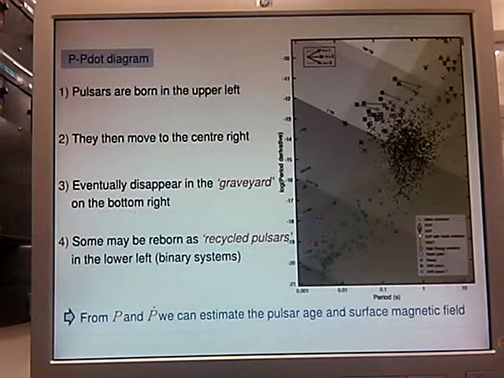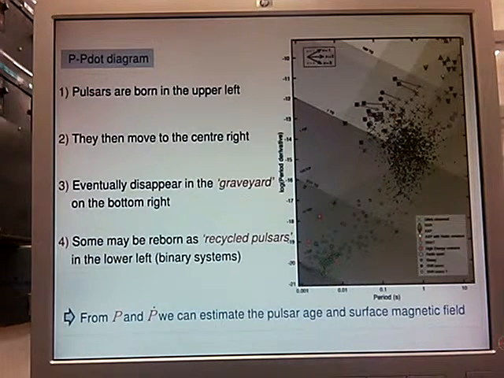So we get something called the P-P dot diagram, in which pulsars are born in the upper left, i.e. they're spinning rapidly, so they have a short period, and they have a larger P dot, because the more you're trying to drag your field lines through the material around you, the more it's going to resist and slow you down.